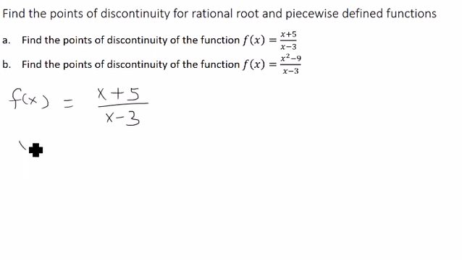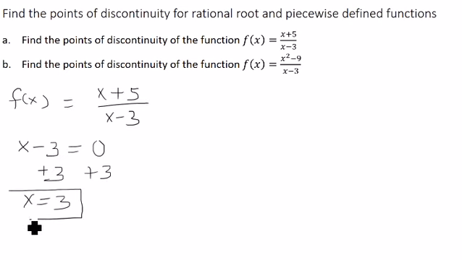So let's find the solution for the equation where the denominator equals 0. In this case, we have x minus 3 equals 0, and if you solve it for x, just add 3 to both sides, then you have x equals 3. So x equals 3 is the point where this function is discontinuous.